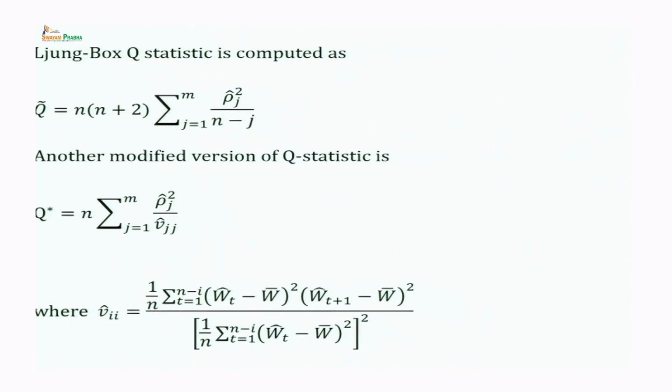This also follows a chi-square distribution with n minus p minus q degrees of freedom. So, using this statistic also you can test the hypothesis that all the autocorrelations rho 1, rho 2, rho m are insignificant.